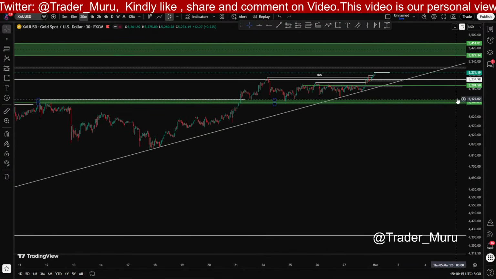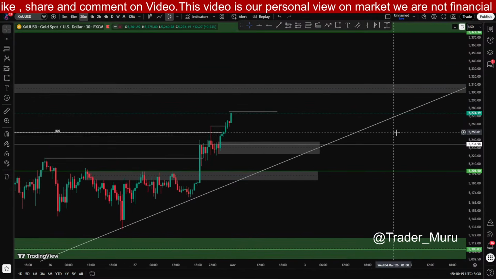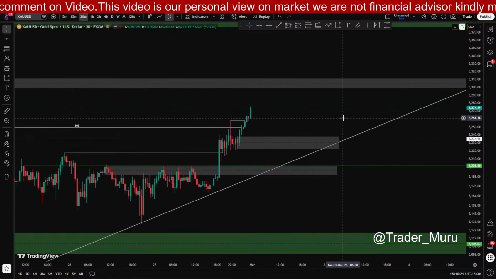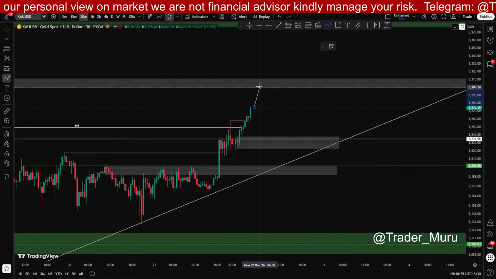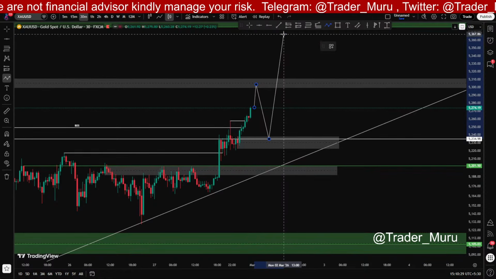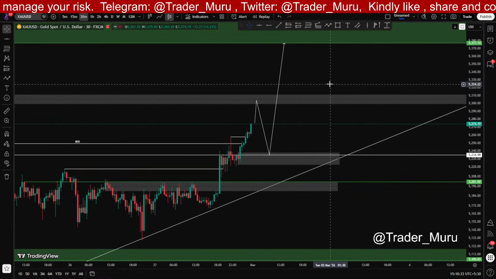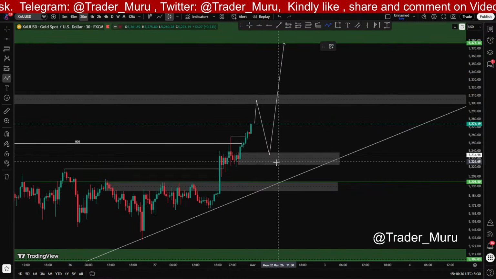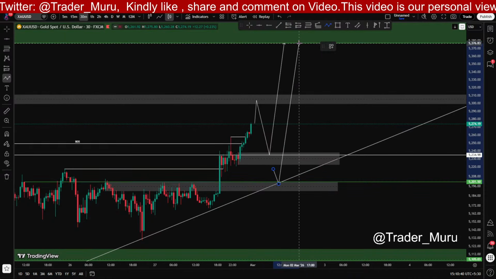So the possible path of gold can be, if there is massive war news this weekend, then a possible pump here, retracement, and again pump. Or retracement and again pump.